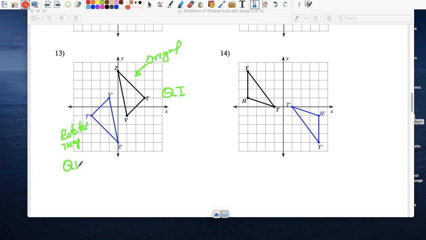T prime is in quadrant 3. So you jumped from quadrant 1 to quadrant 2 to quadrant 3. So point T traveled 2 quadrants. So when it traveled 2 quadrants, that means it's a 180-degree rotation. And honestly, it doesn't matter if it's clockwise or counterclockwise because you still end up in the same place. So 180-degree rotation is just fine. Okay? And that's it.